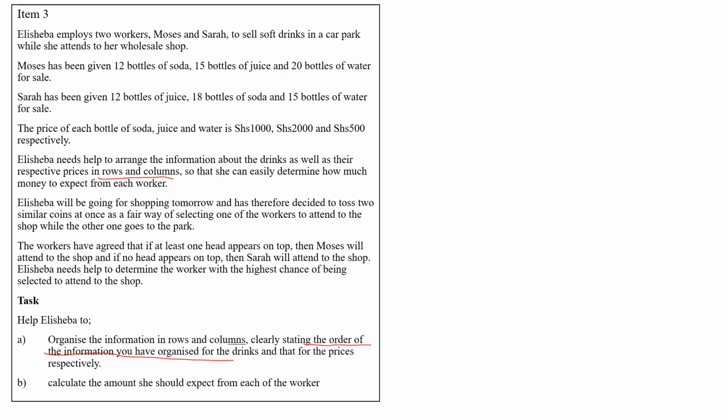They started with 12 bottles of soda, 15 bottles of juice, and then 20 bottles of water. And now, unfortunately, they started with 12 bottles of juice. So this number looked simple, but just changing the order might have brought issues to senior 4s. But our advice is, for a senior 4, it would be better not to watch this video. It's best for senior 3s.